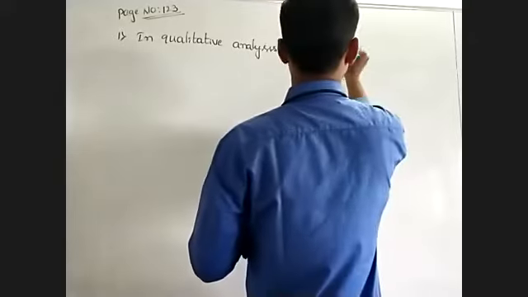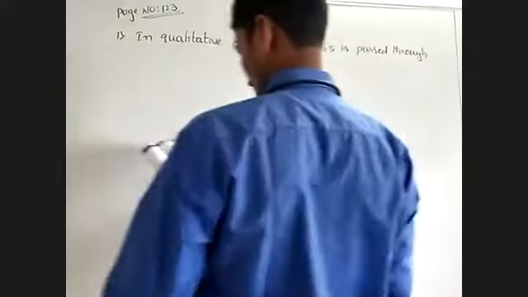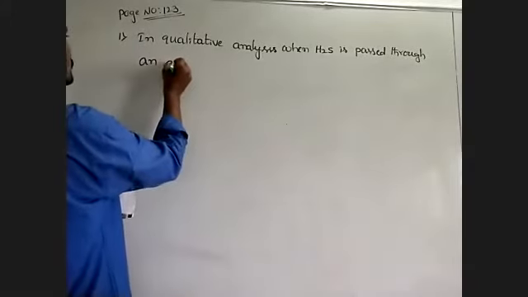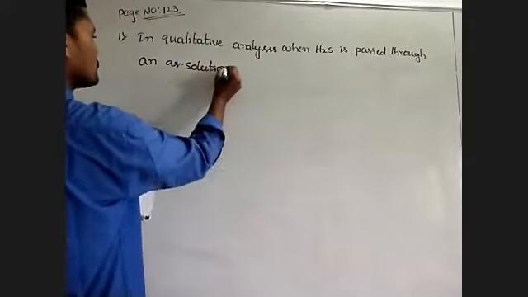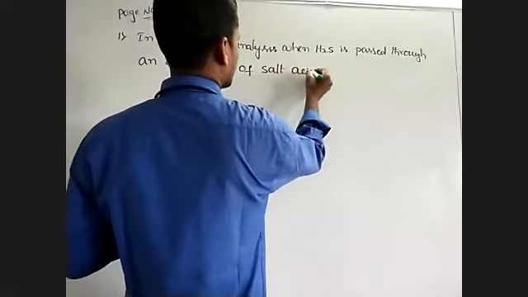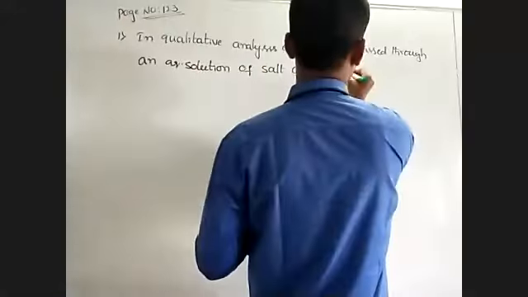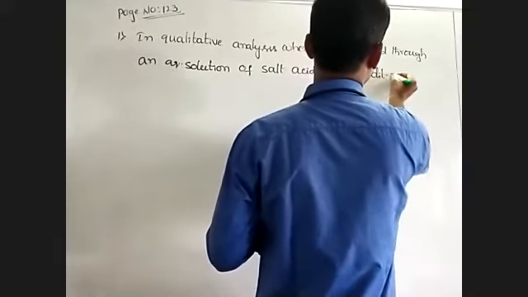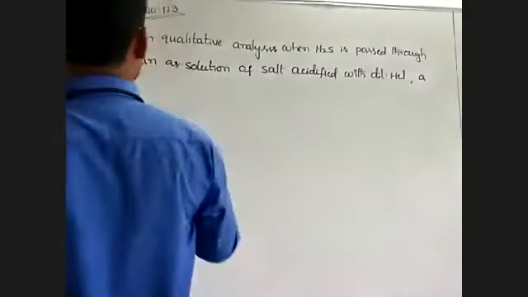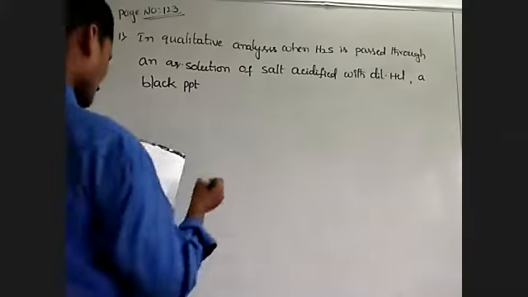H2S is passed through an aqueous solution of salt acidified with dilute HCl, a black precipitate is obtained.